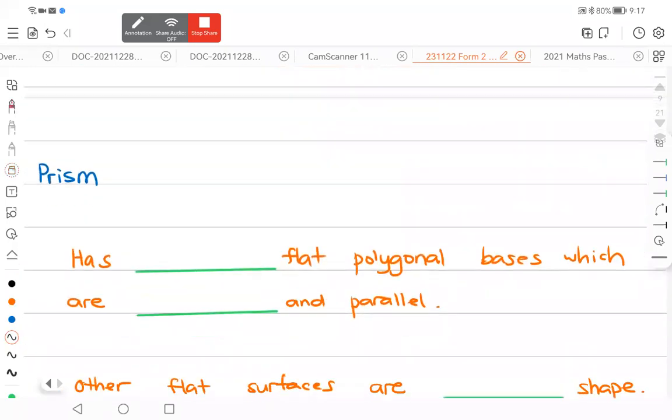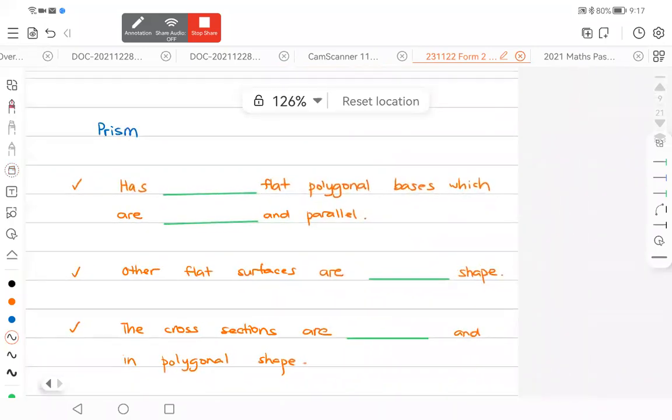Okay, now look at this part. No worry, I will send it to you. You just pay attention here. According to prism, it has two flat polygonal bases, meaning the basic shape, which are congruent and parallel. So I write two flat polygonal bases which are congruent.